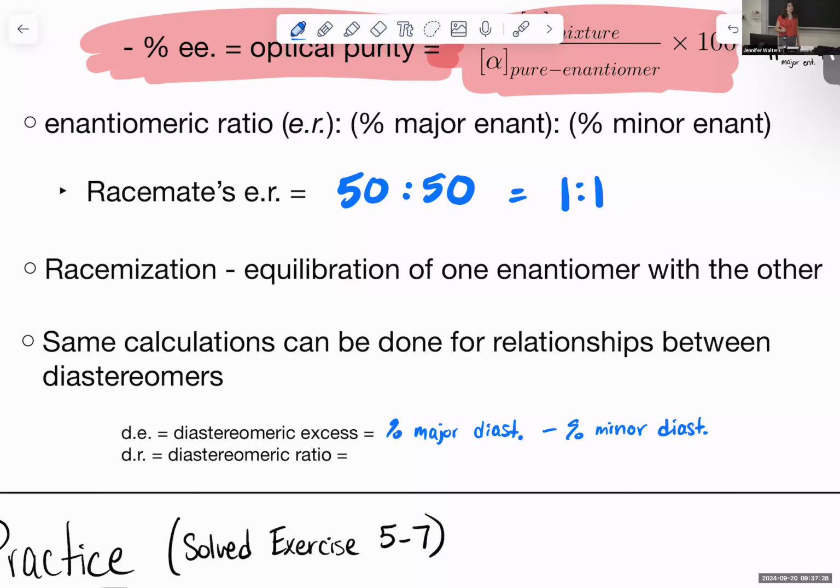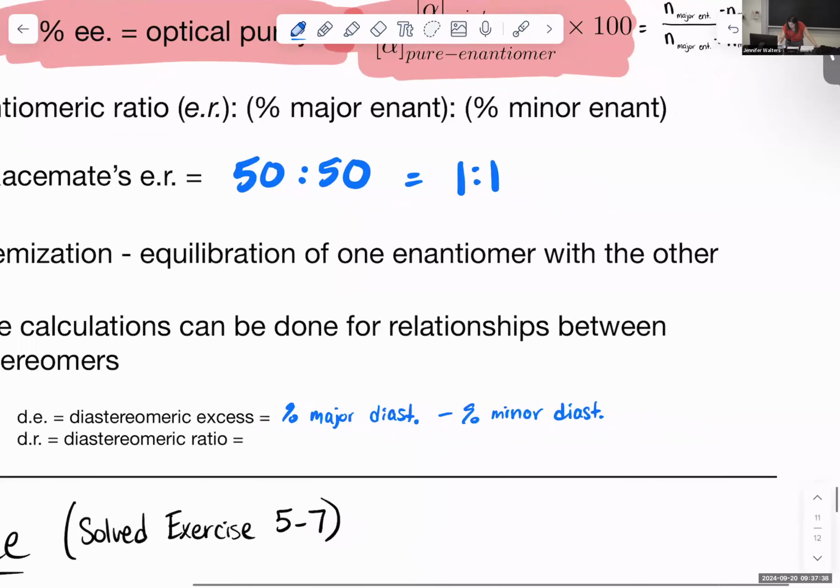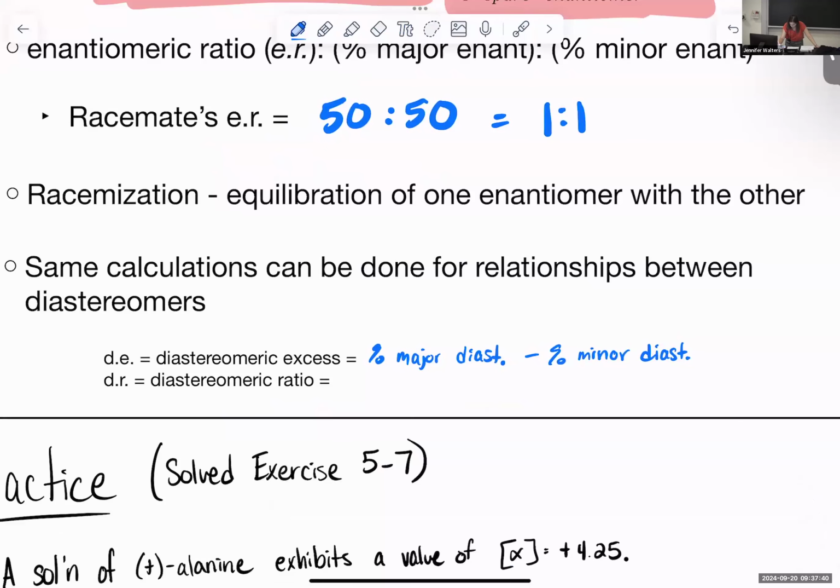If you have more than 2 diastereomers, which is usually more common, then you would use DR, which is just a ratio of all of them: the percent of diastereomer 1 to the percent of diastereomer 2 to the percent of diastereomer 3, and so on and so forth. Diastereomeric ratio is way more common than diastereomeric excess.